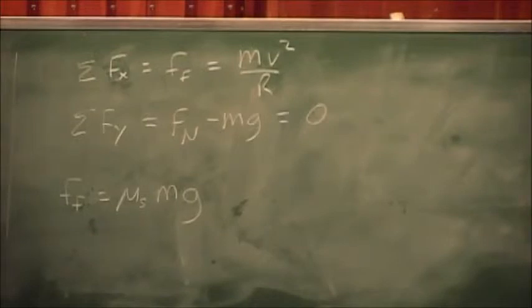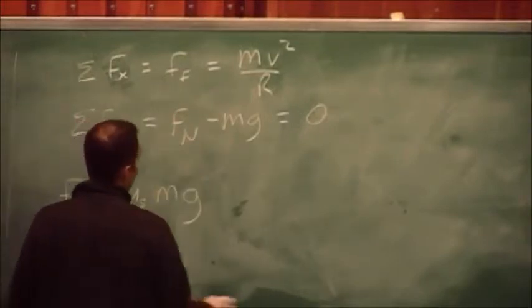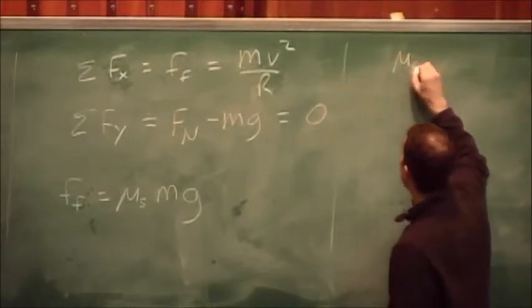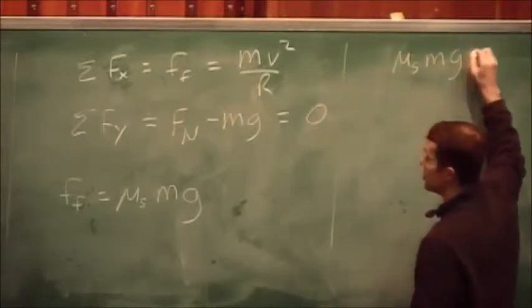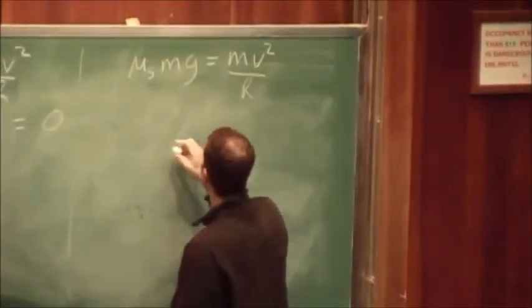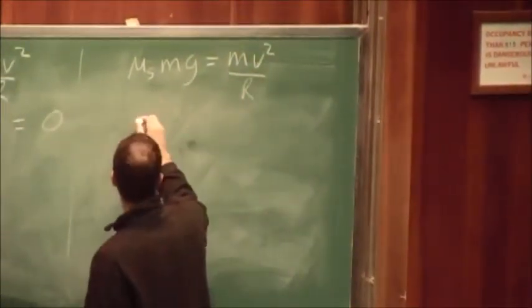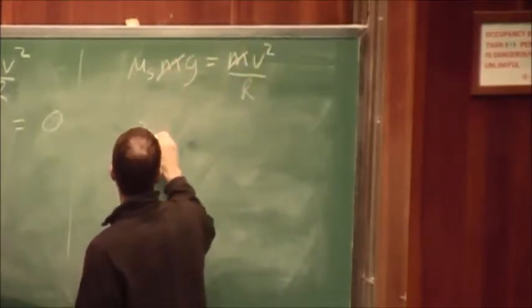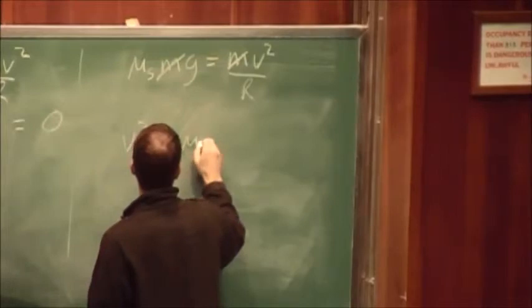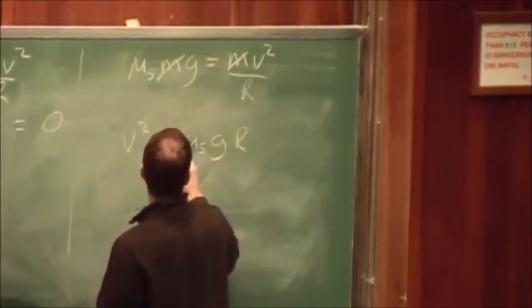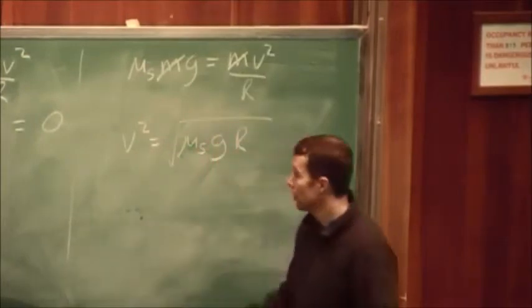And then I look at this equation up here. I see that μs m g is equal to m v squared over r. The m cancels, so I get v squared is equal to μs times g times r, square root.